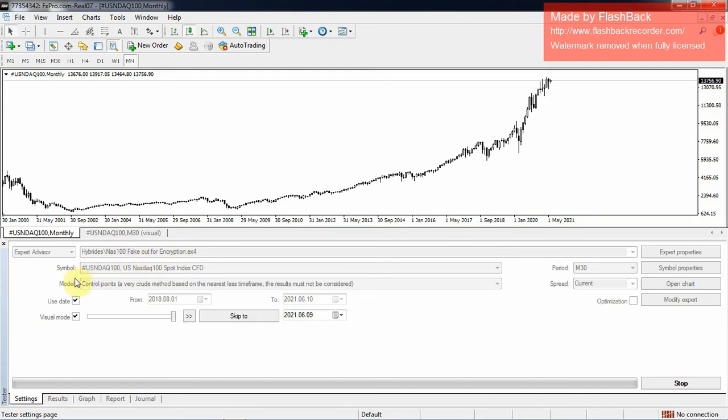The symbol we're using is Nasdaq 100, and we're testing it on the 30 minutes chart. The starting balance will be $1,000. The dates say 2018, but the backtest will start in 2019 and run till June 2021.